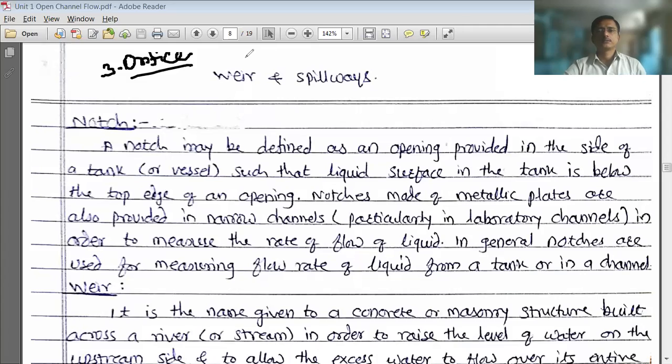Yes, repeat once again. It is the flow measuring device. The small opening is provided at the bottom of the tank. Okay. So orifice is the device. Here we should not forget to mention that it has the closed perimeter.